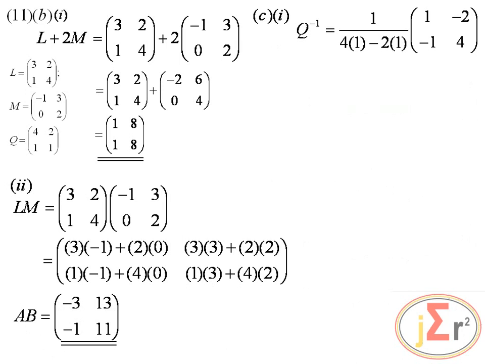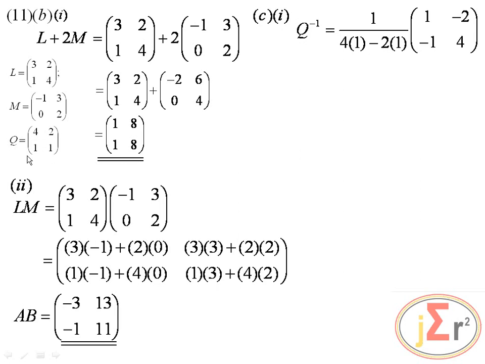Now, we need to find the inverse of Q. To find the inverse of Q, we have Q right here. We do 4 multiplied by 1 minus 2 multiplied by 1. So 4, 1 minus 2, 1. That is 1 over what we call the determinant. This times this minus this times this. So we subtract, and that is what we call the determinant.